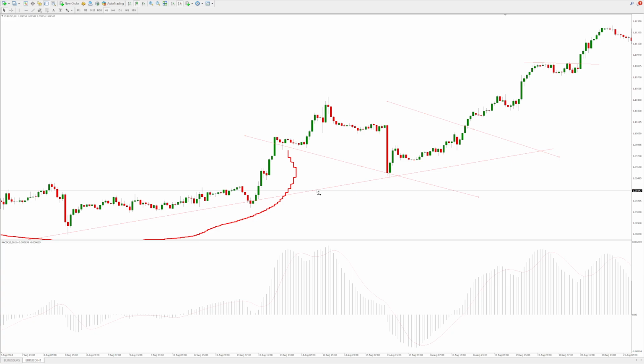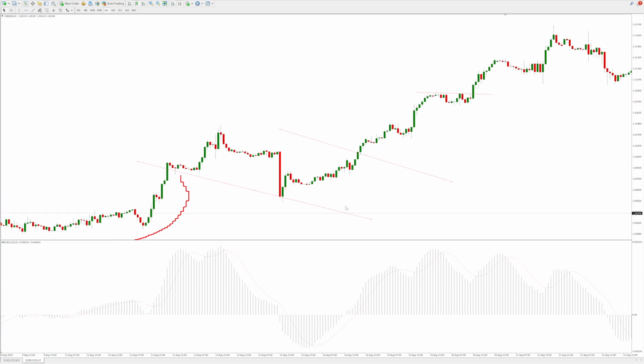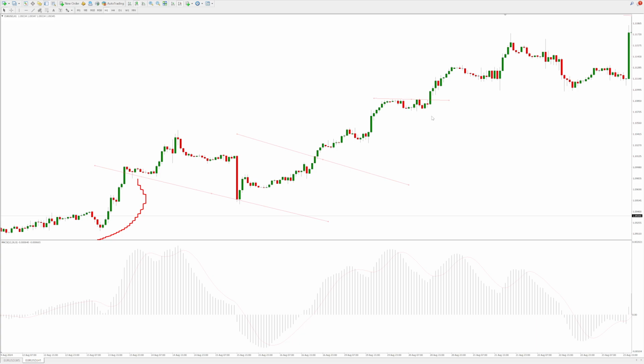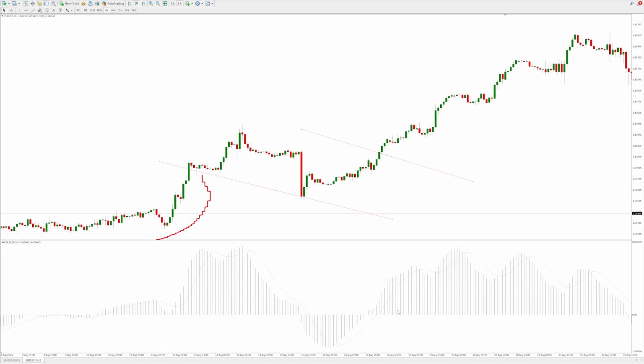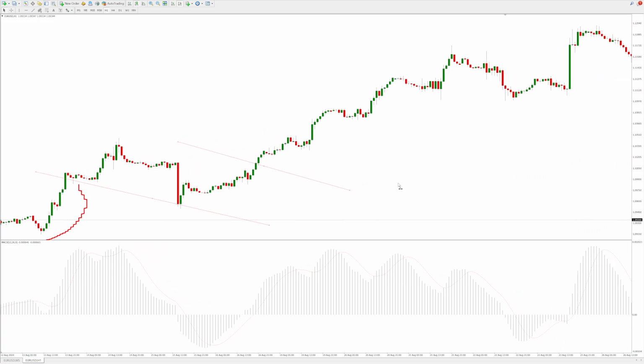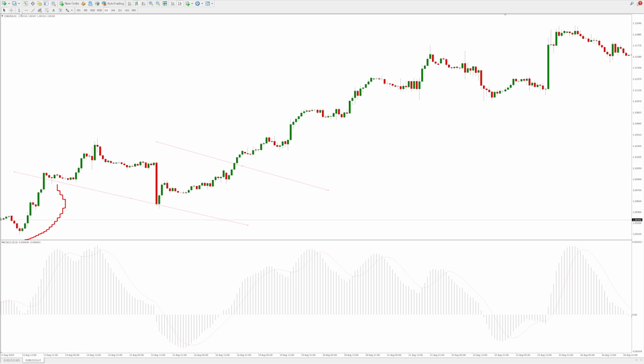Just keep the cup and handle pattern on there for now. Right, okay, so the MACD basically, as I said, when the bars are above the signal line and 0, it suggests an uptrend. And the momentum shows the momentum of the trend.